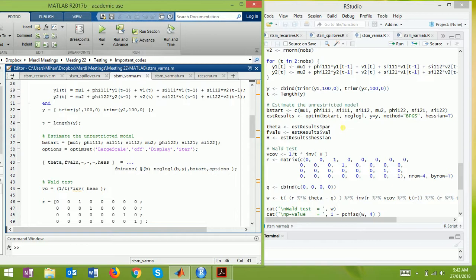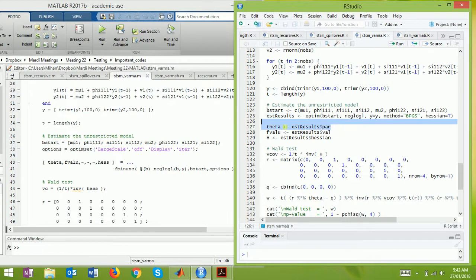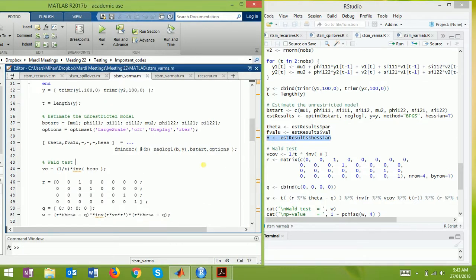So y equals y, method is BFGS, and Hessian is true because we want the Hessian. So you see, after the optimization is done, from the estimated results the par values will be stored in our theta parameter. In the f value column the value will be stored, and everything in the Hessian will be stored in the Hessian table.